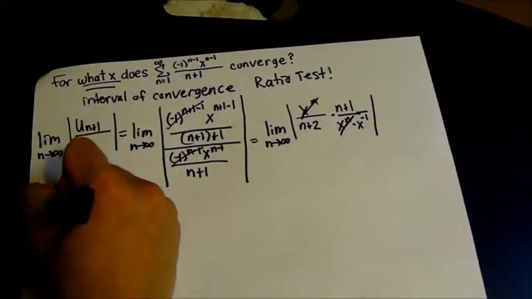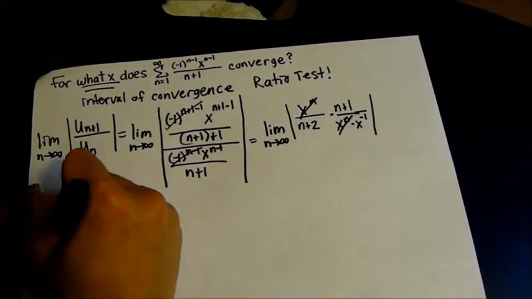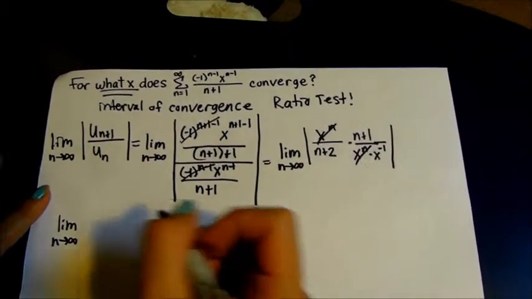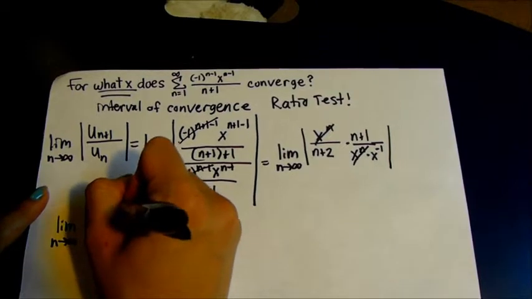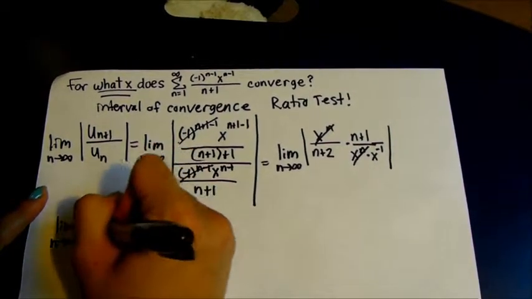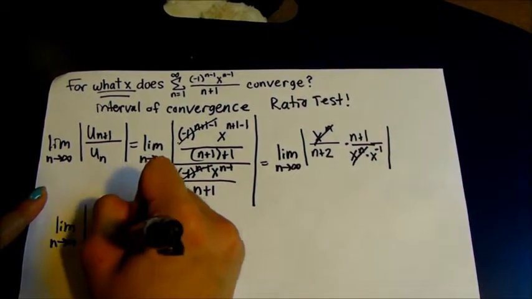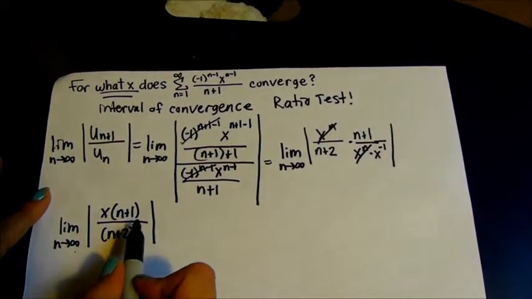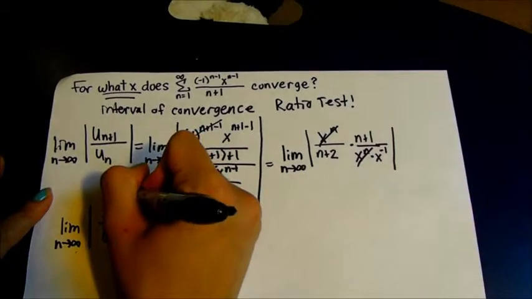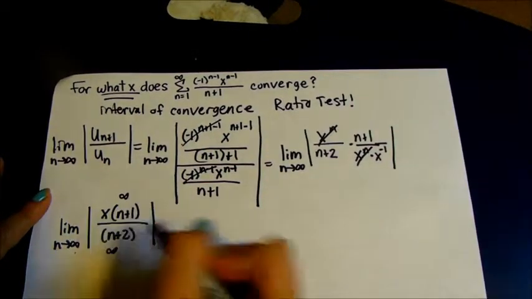So then we have the limit as n goes towards infinity of the absolute value of x times n plus 1 all over n plus 2. Now if I plug in infinity here, I'm going to get infinity over infinity.